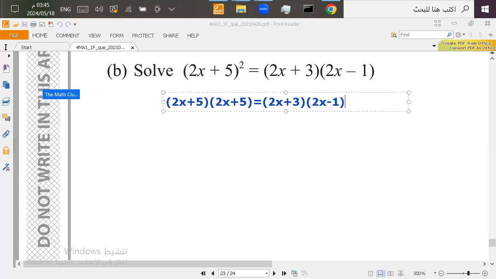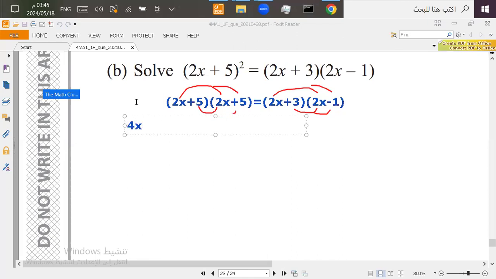Because we have brackets, we have to expand. And expanding means the first one multiplied by the first and then the second, and then the second one multiplied by the first and the second. Same idea with this one, first by the first and the second, and then second by the first and the second. Now let me write the answer of expanding. 2x times 2x is going to be 4x squared, or 4x power of 2.